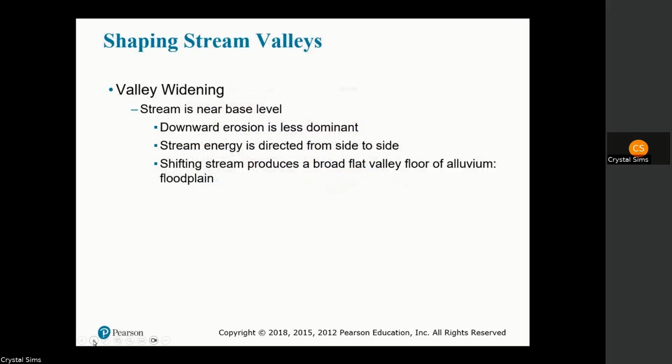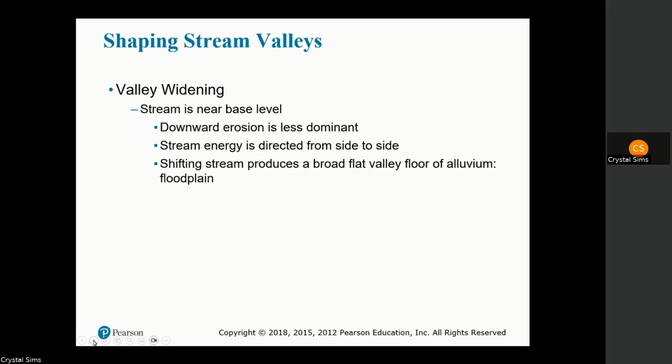Now, when we look at more of an alluvial channel, the valley tends to become wider and not steeper. And so this occurs when the stream has cut its channel closer to the base level and we don't see as much downward erosion. The channel can take on this meandering pattern.